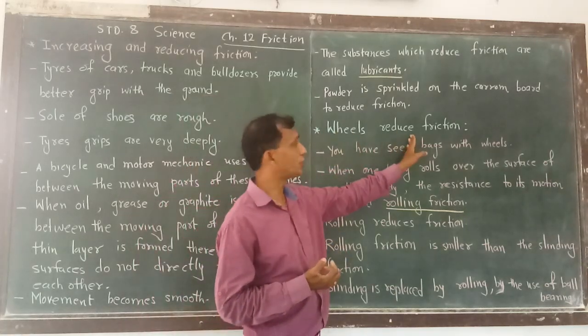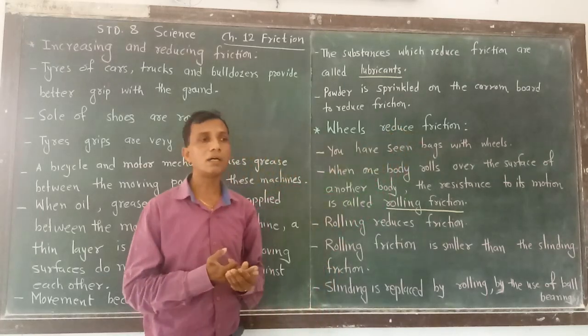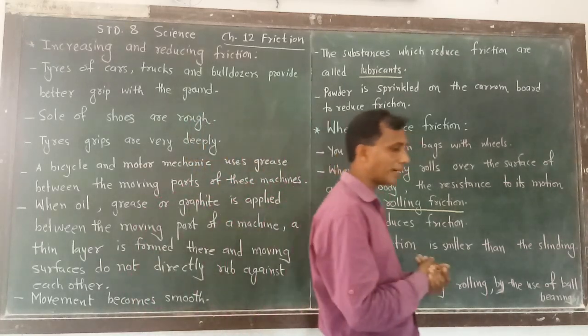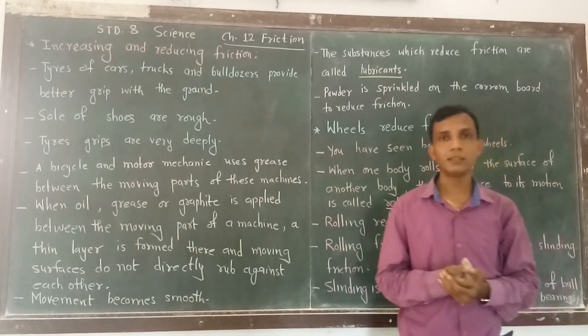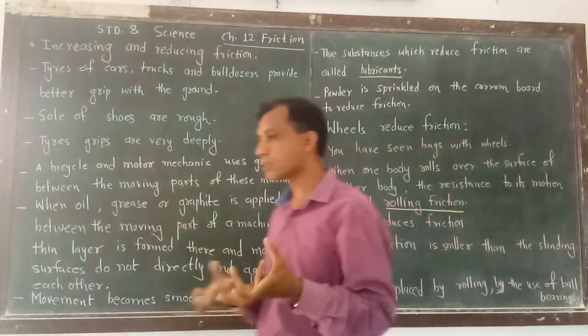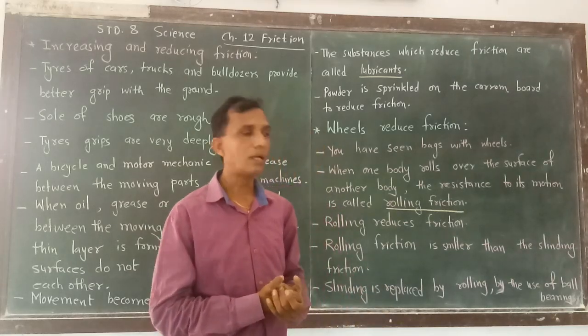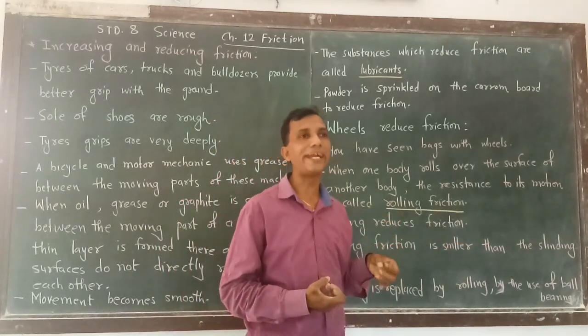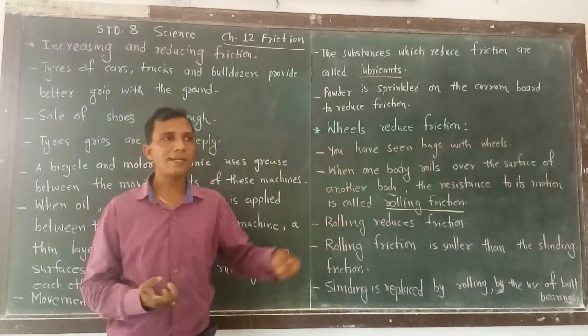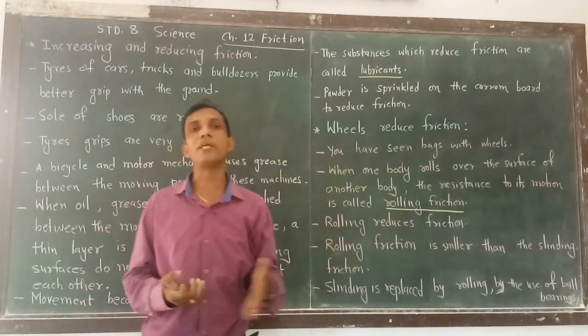Wheels reduce the friction. Generally you have to observe this in luggage bags. Two wheels are attached at the bottom of the bag, and we apply force at one end, so it can easily be moved from one place to another.